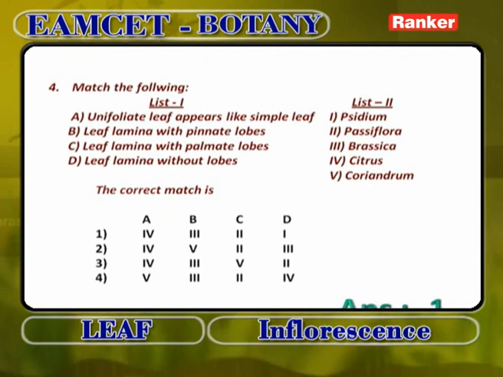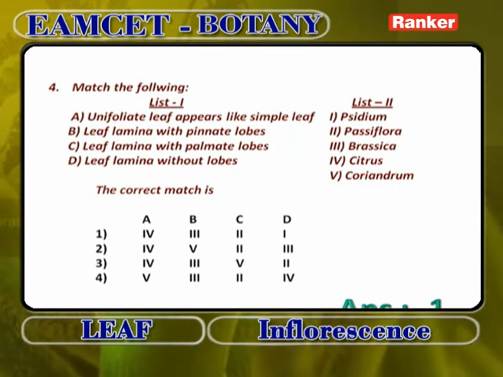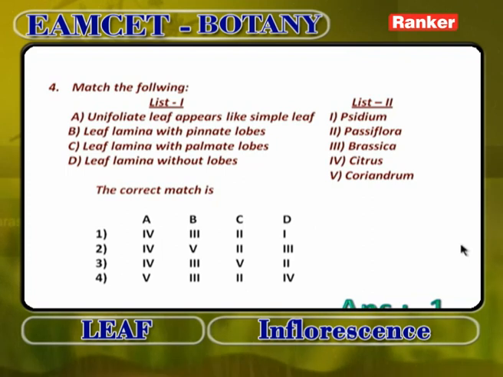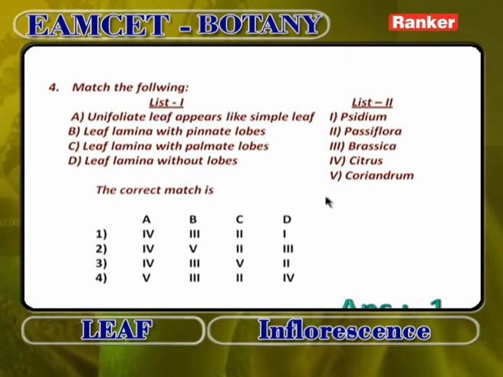This is again matching. Unifoliate leaf appearing like a simple leaf is Citrus. Why? Because here only one leaflet is present at the tip of the petiole, and the petiole is also a winged petiole. Leaf lamina with pinnate lobes is Brassica.